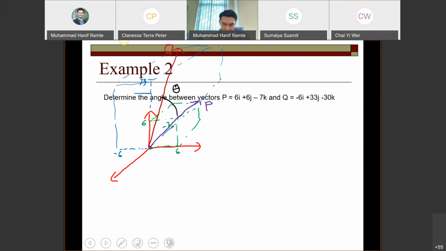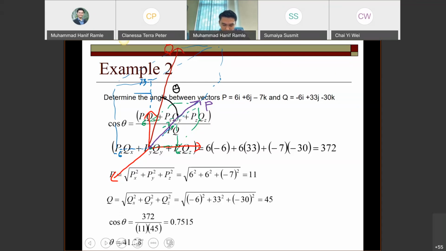Basically you have to use dot product, because the theta value is in scalar product. So you do have this equation, where cos theta equals P dot Q over magnitude P times magnitude Q. You have to substitute all the values that are available from the question into the equation.